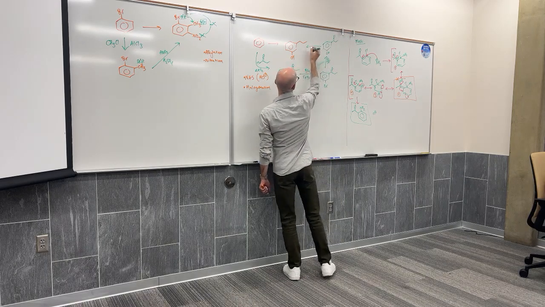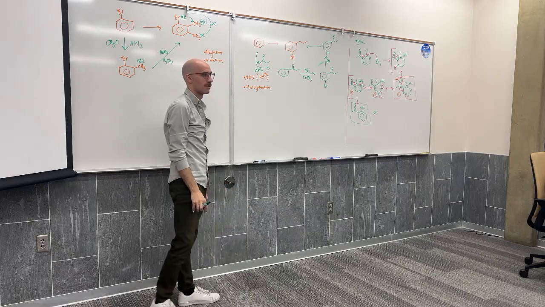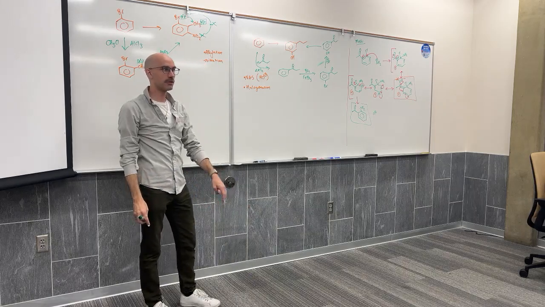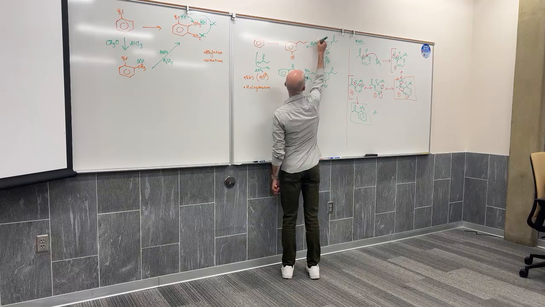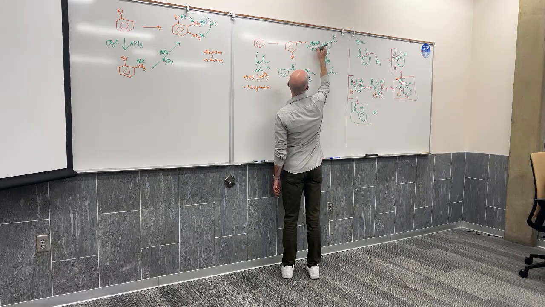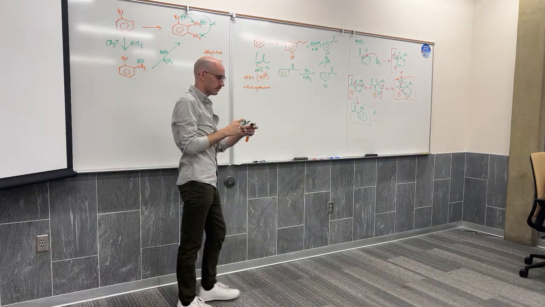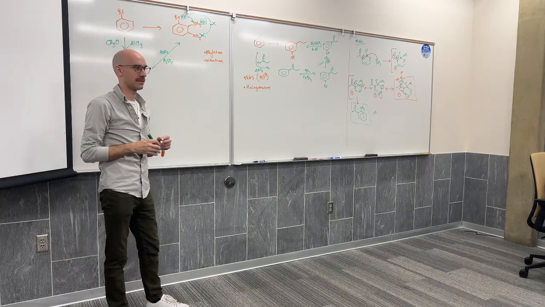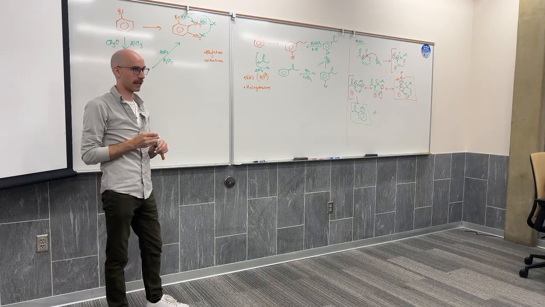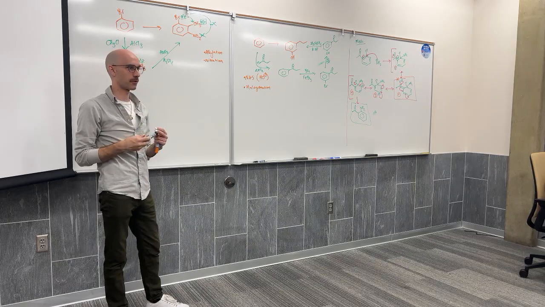And to get to my final product, I reduce the carbonyl, H2NNH2, KOH. Zinc mercury amalgam with hydrochloric acid would also work there for reduction.